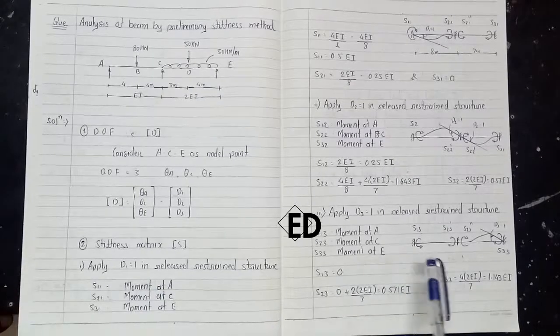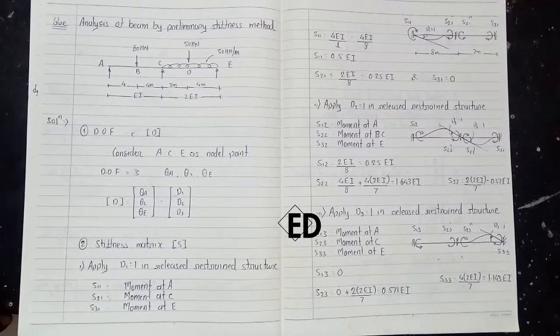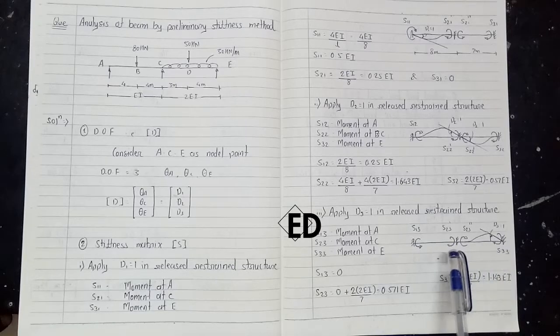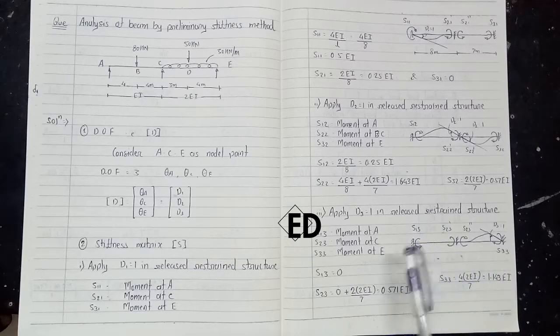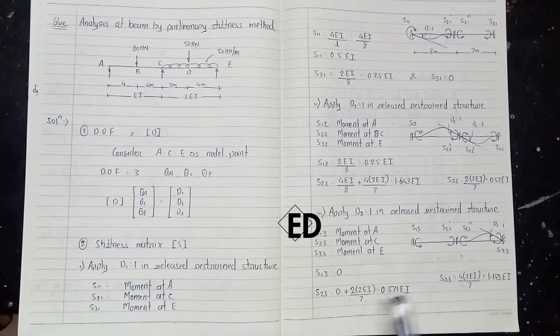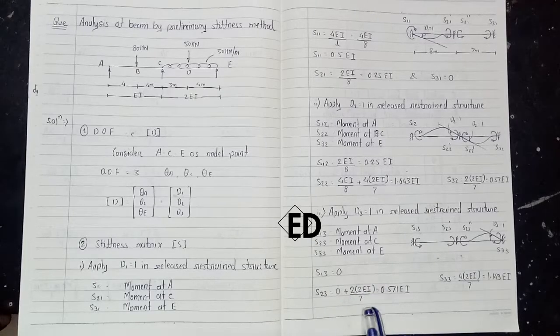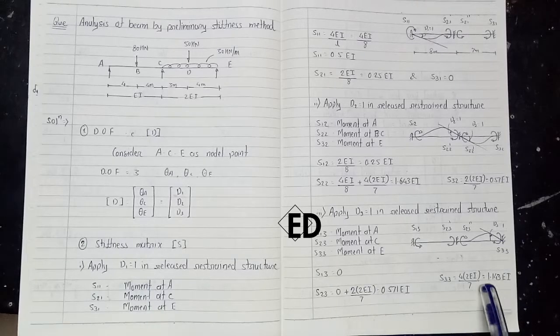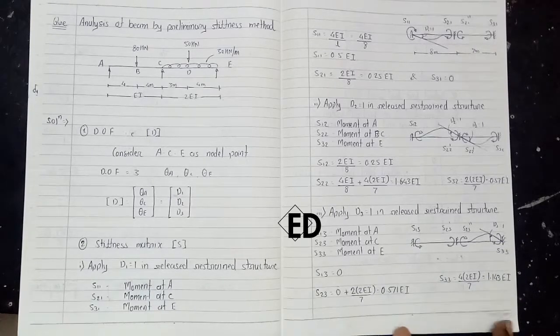We know that S13 is 0 as no deflection occurs in span A to C. S23 is the summation of two terms, but in span AC no deflection occurred, so S23 dash is 0 and S23 double dash is 2 times EI by L, which is 0.571 EI, and S33 is 4EI by L, which is 1.143 EI.